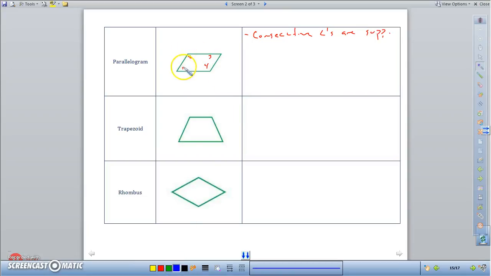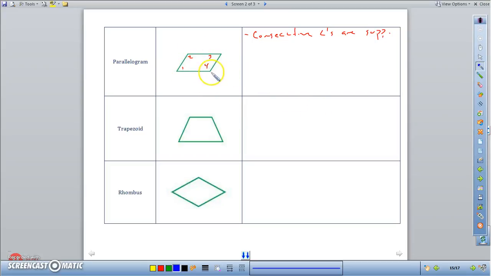So that's going to be any two non-diagonal angles. Okay, so 1 and 2 would be consecutive and supplementary. 2 and 3 would be consecutive and supplementary. 3 and 4, and 1 and 4 as well.